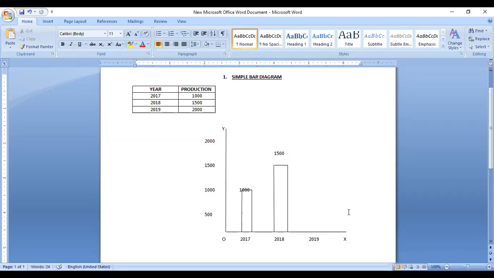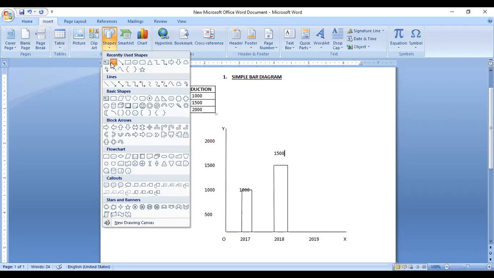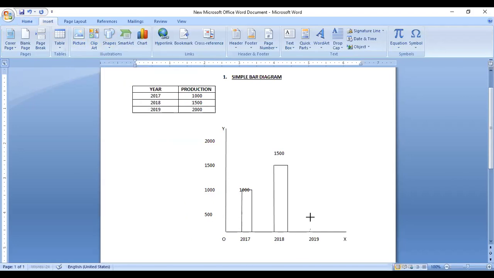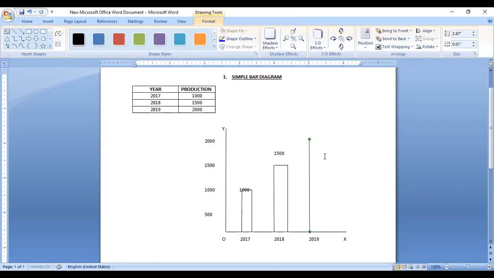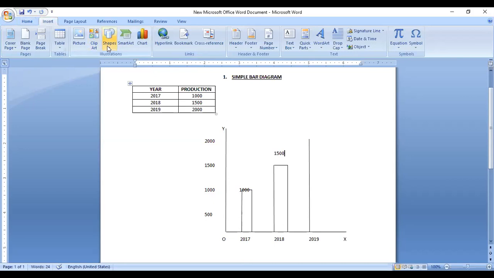And in the year 2019 2000 units are produced, 2000 tons are produced. So exactly up to 2000 you have to take it and you have to draw.